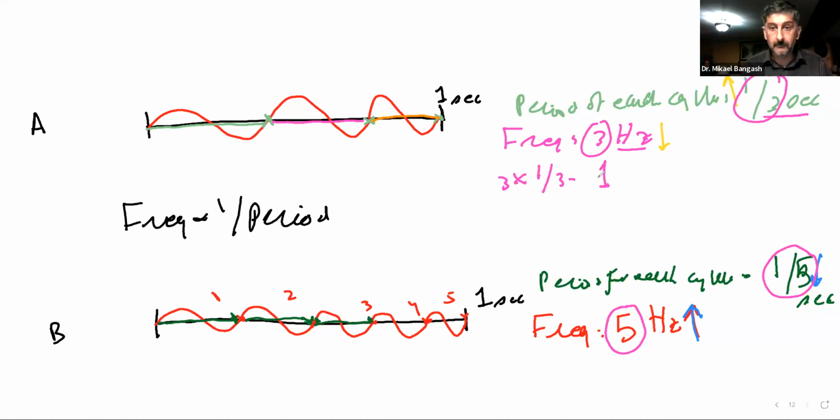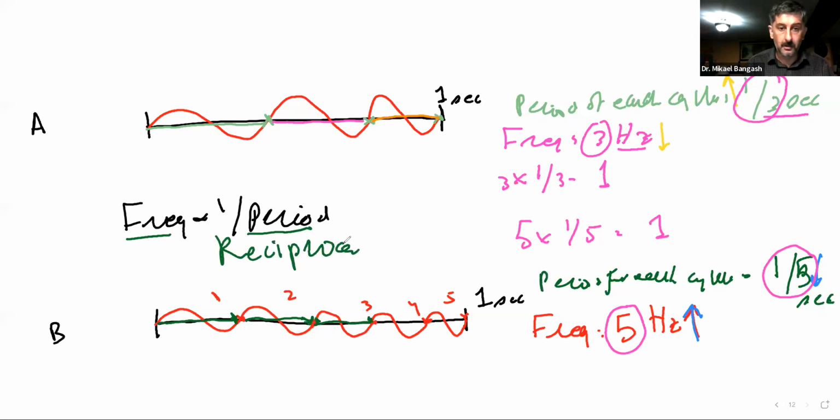What do you get? You get 1. You say 5, which was the frequency, multiplied by 1 over 5. What do you get? 1. So what does that establish? That establishes that not only are period and frequency inversely proportional, but they are also reciprocal.